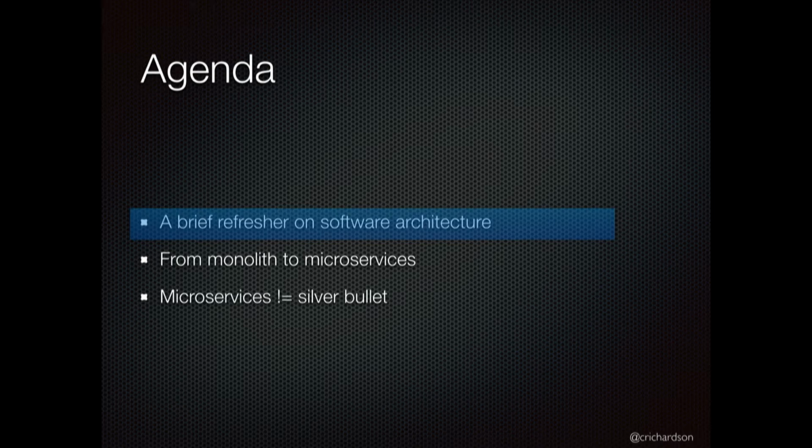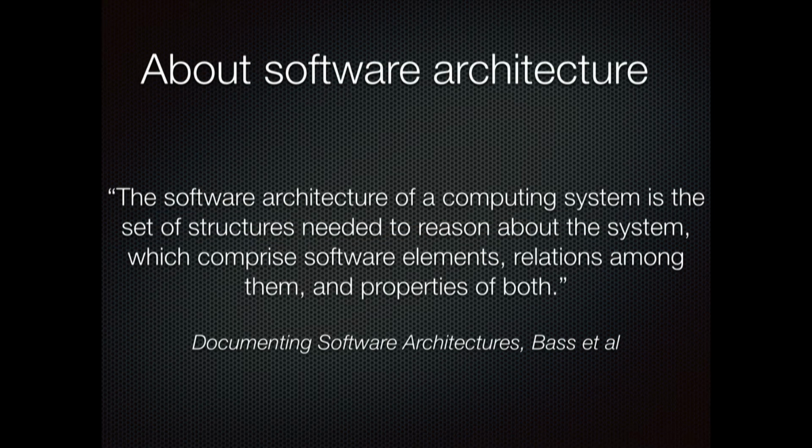Okay, so let's talk about software architecture. It's a term we use a lot. If I went back in time, say 20 years, we talked about architecture in maybe a different way than we do now. It's to some extent faded away as something that we explicitly discuss or treat as a discipline. But this slide has the classic definition of software architecture: a set of structures that we need in order to reason about a system.